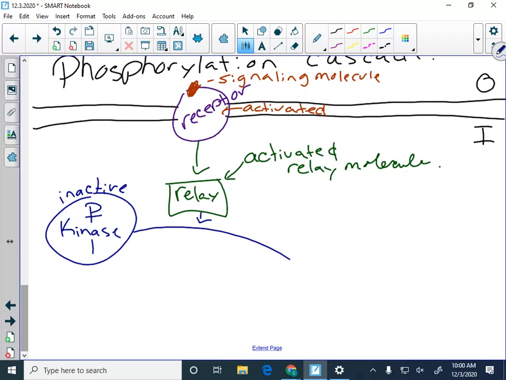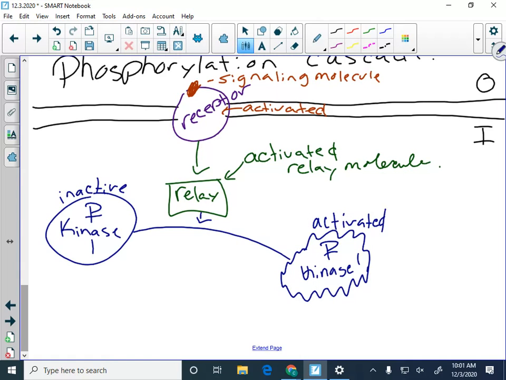But what that relay molecule is going to do is activate it. So signaling molecule activates a receptor. Receptor activates a relay molecule. And that relay molecule activates protein kinase 1.